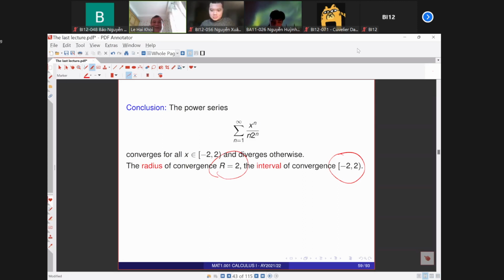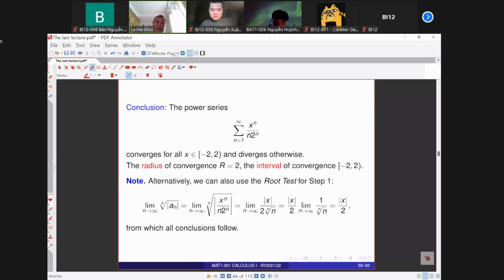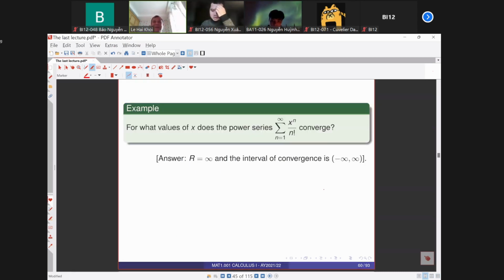Interesting. So you have -2 and 2, right? That interval. And alternatively, you can also use the root test. And the root test gives you the same modulus of x over 2 and the same conclusion you can have, right?